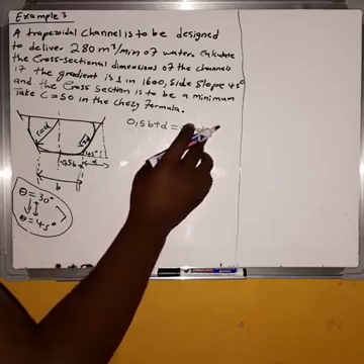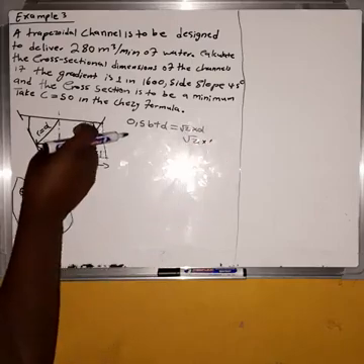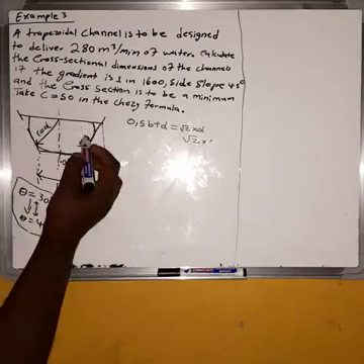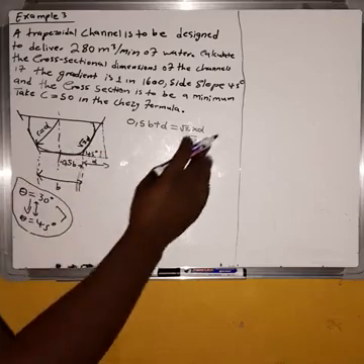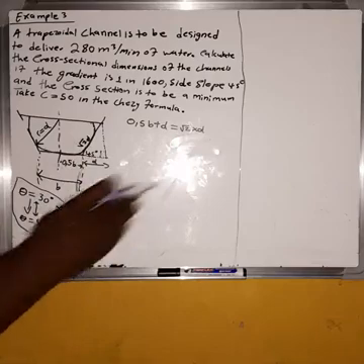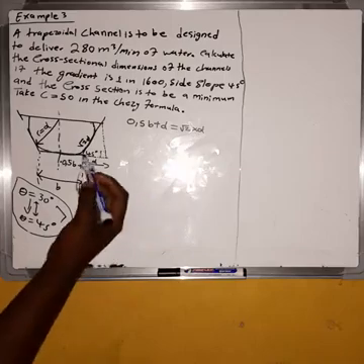Separate it: only the 2 is inside the square root. It's only the square root of 2 multiplied by D. Square root of 2 multiplied by D is Formula 1.